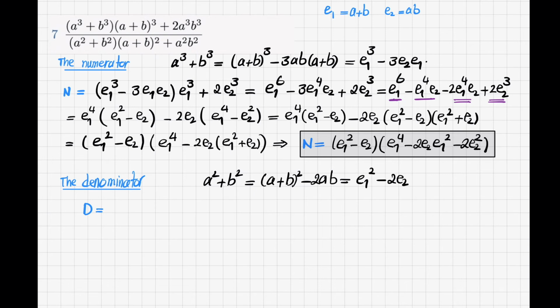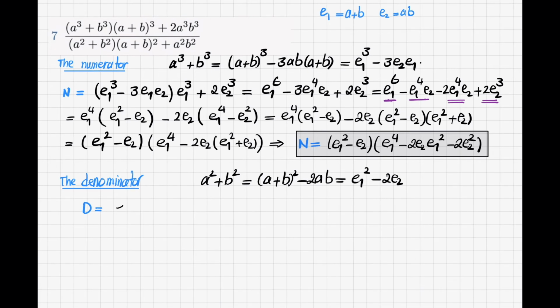And then of course this is just e1, so it becomes e1^2, and this is nothing except e2^2. So if I write everything, it becomes (e1^2 minus 2 e2) multiplied by (e1^2 plus e2^2). Yes, so I multiply this again, so it becomes e1^4 minus 2 e2 e1^2 plus e2^2.